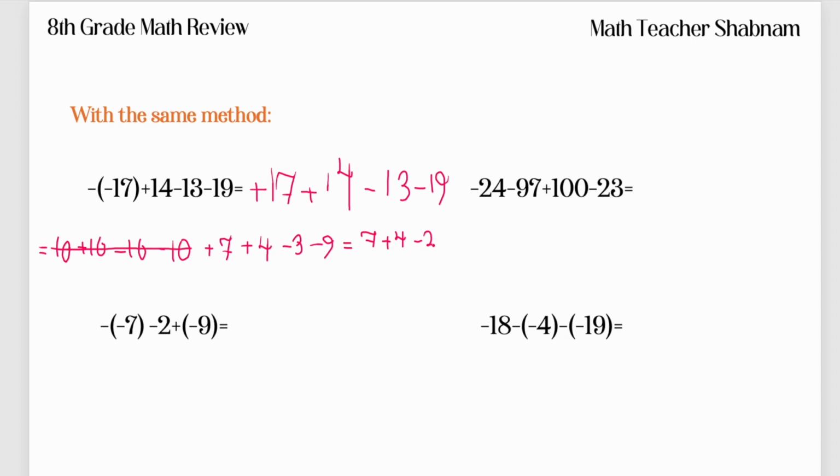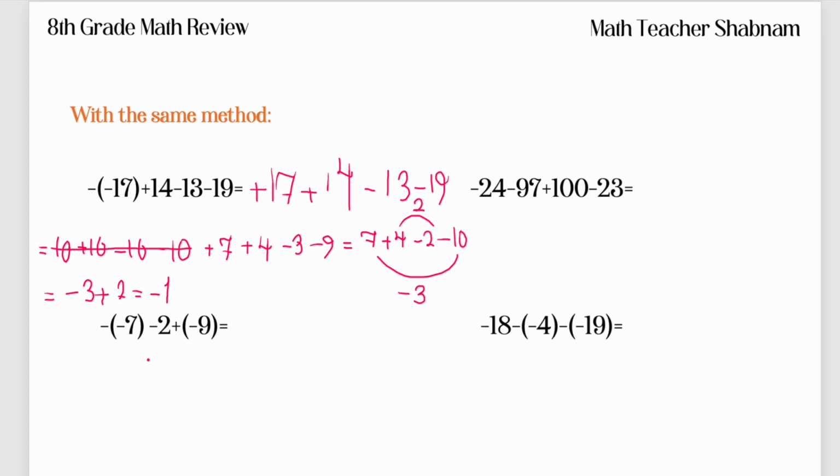I'm going to write them as negative 2 and negative 10. Now I have better combinations. Negative 10 and positive 7 is negative 3. Positive 4 and negative 2 is just 2. At the end, I'm just looking at negative 3 plus 2. The final answer is negative 1.